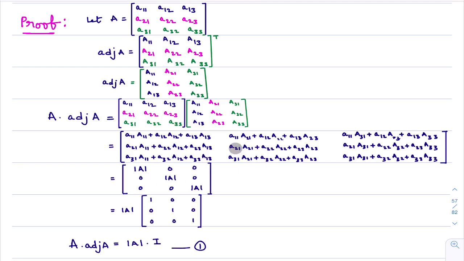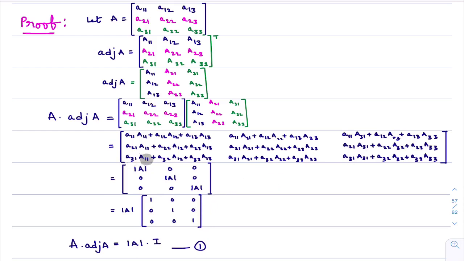You see here A21, capital A21, both are matching, right? A22, capital A22, these two match, right? A23, capital A23, both are matching. Are you understanding or not? Yes, good. What is this? This gives the determinant of A, det A. See here A21, this is A31, different. So this value will become 0.